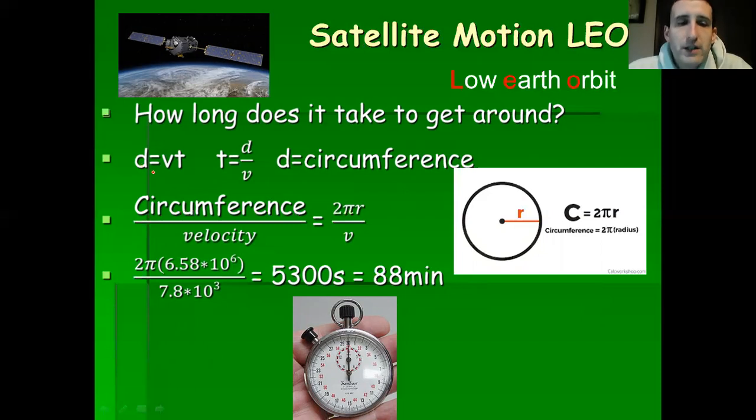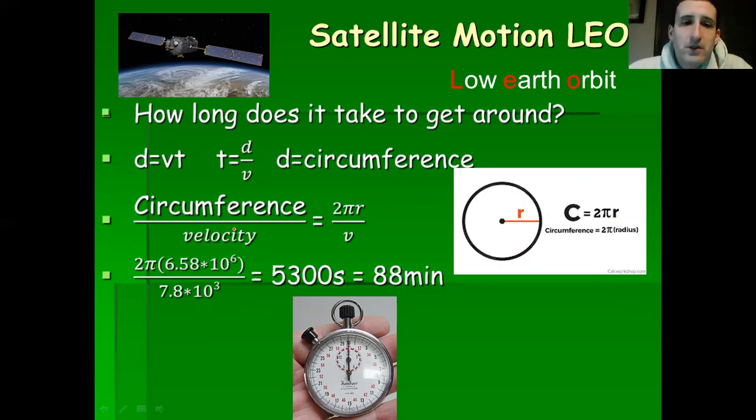So distance is equal to velocity times time. That's all the way back from chapter 4, from the very beginning of physics. So if we want time, we take our distance divided by our velocity. In this case, the distance to go around a circle is called the circumference of the circle, and we can express that in terms of the radius, which we have.